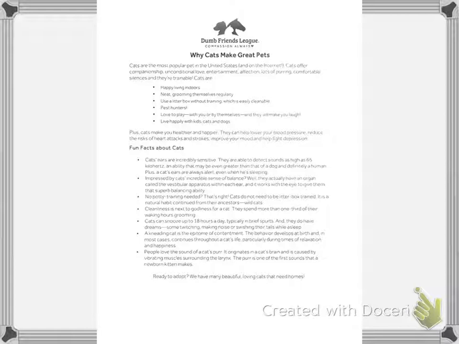A lot of people really love having cats. They're so easy, and there's lots of reasons in this article here why cats make a better pet. So you could argue that really easily, and you would have written a topic sentence that said something like, cats make excellent pets. And then you would support it with all of your ideas.